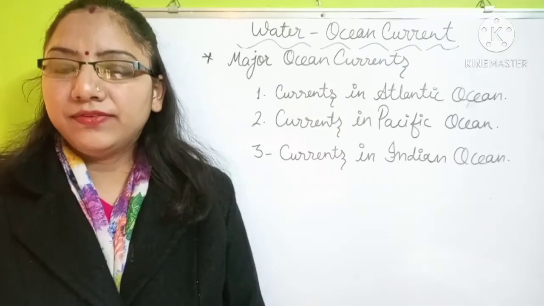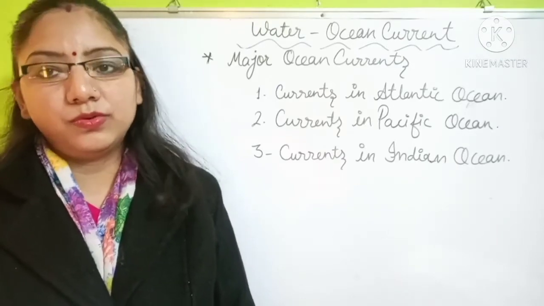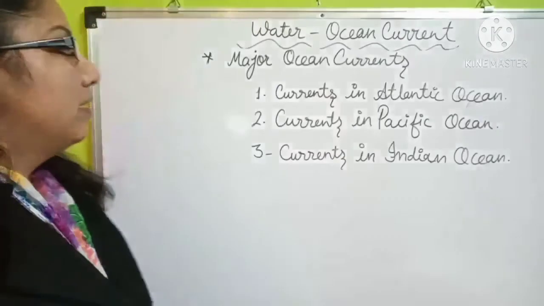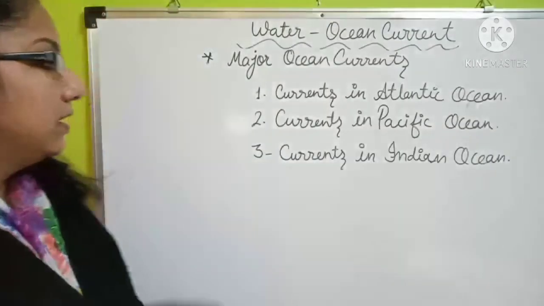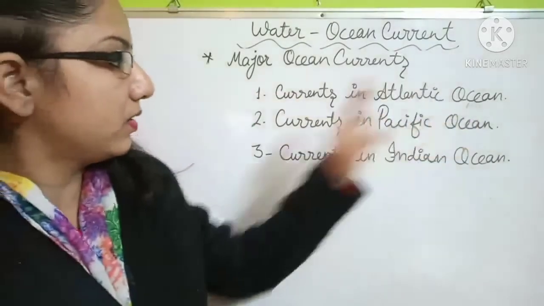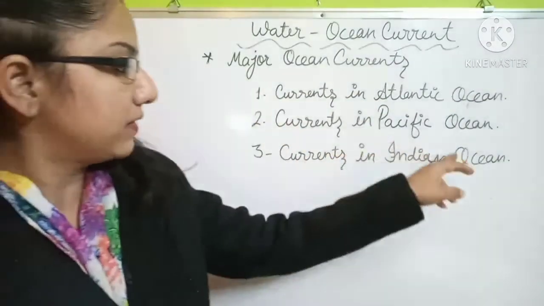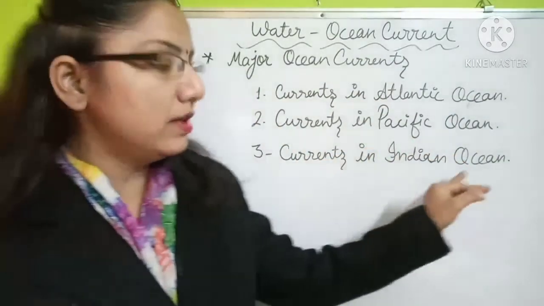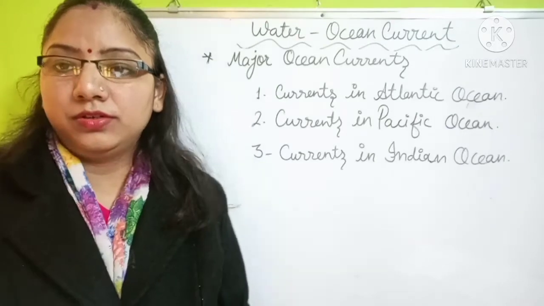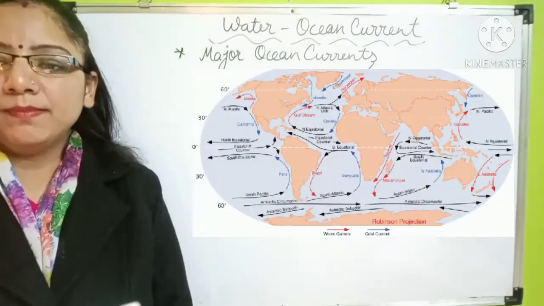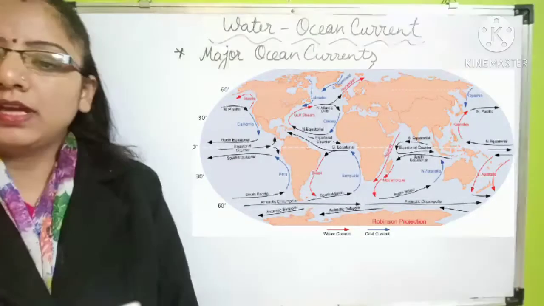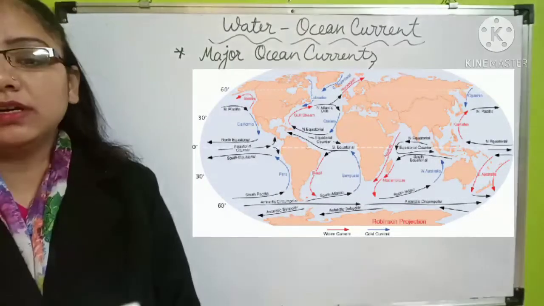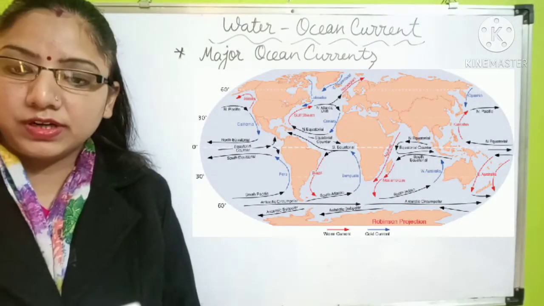Now, after the characteristics of the ocean currents, we will see the major ocean currents, in which we will see the currents in the Atlantic Ocean, the currents in the Pacific Ocean, and the currents in the Indian Ocean. As you can see on this map, the blue lines are showing the cold water currents and the red lines are showing the hot or warm water currents.